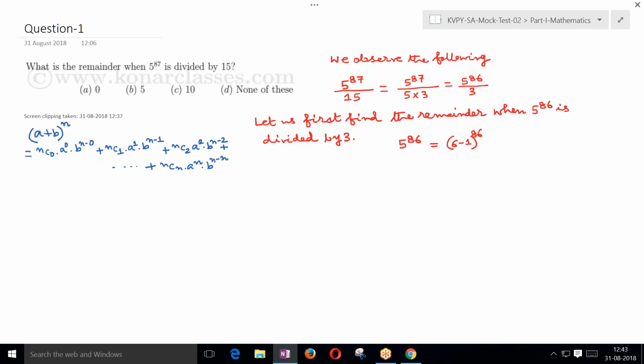Now if we apply this theory to 6 minus 1 power 86, how will we get it?